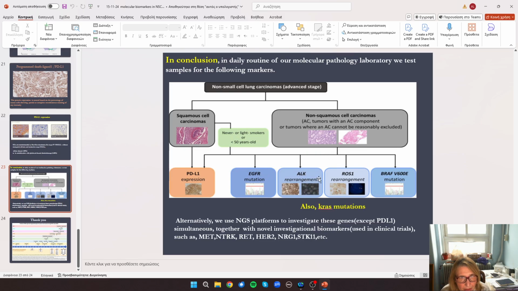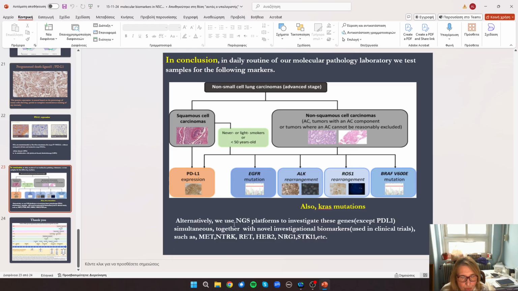We test these markers in non-squamous cell carcinomas, and in squamous cell carcinomas if the patient is under 50 years old and is a never or light smoker. This is the current guideline.